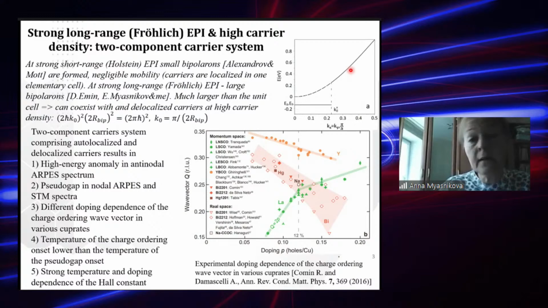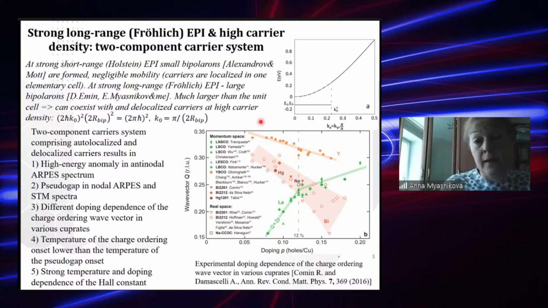Indeed, if we write the uncertainty relation, then we can see that the bipolaron size, or polaron size, is connected with the maximum momentum of the carrier in the bipolaron or polaron. This formation of large bipolarons with a size much larger than the unit cell disturbs only a small part of the band of the first Brillouin zone, so the rest of the dispersion can be filled by delocalized carriers.